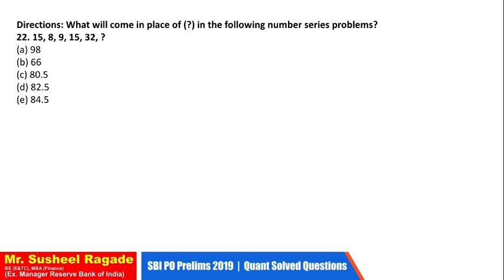So here also we can see, when there is one number that is lesser and the other is increasing, then you can say that we are multiplying by some factor. In this case, you can identify that it's near about double. So 15 into 2 is equal to 30 plus 2. So this is the formula.